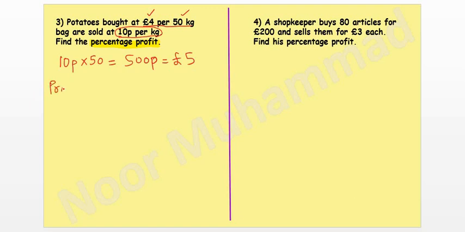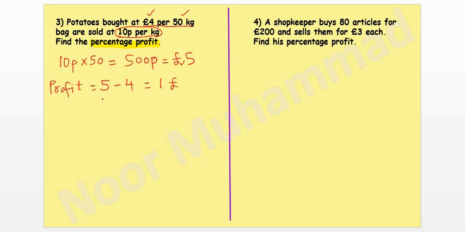How much profit did he get? The profit is, this is the selling price and this is the original price. If you remember in the beginning of this chapter I told you that whenever we want to find the profit or the loss, we subtract the smaller value from the larger value. So it's giving us 1 pound. This shows that his profit is 1 pound.